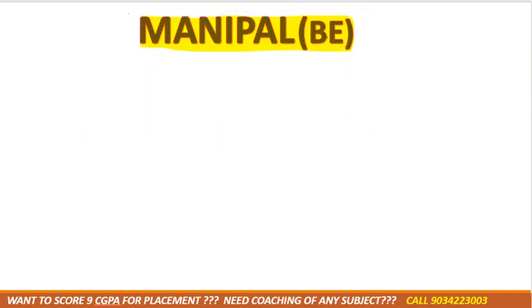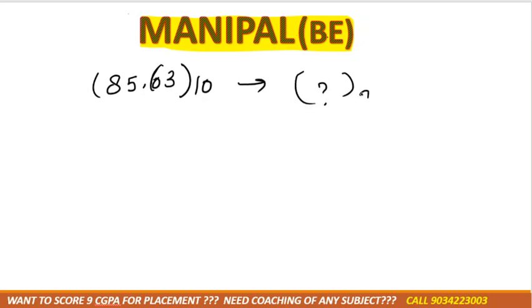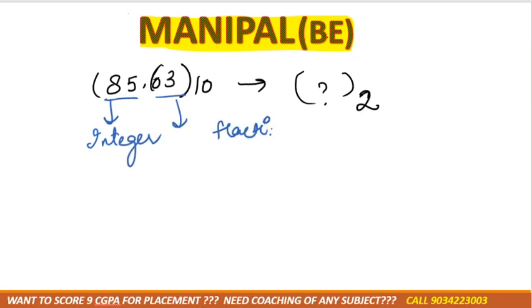So now I'm telling you for the combined case. Suppose we'll have 85.63 in the decimal form and you need to convert it into the binary, right? So this is an integer and this is a fractional. I told you separately for the integer case, and I told you separately for the fractional case, correct?